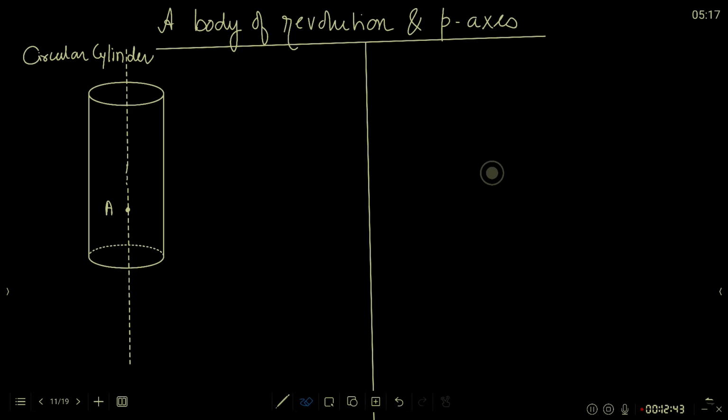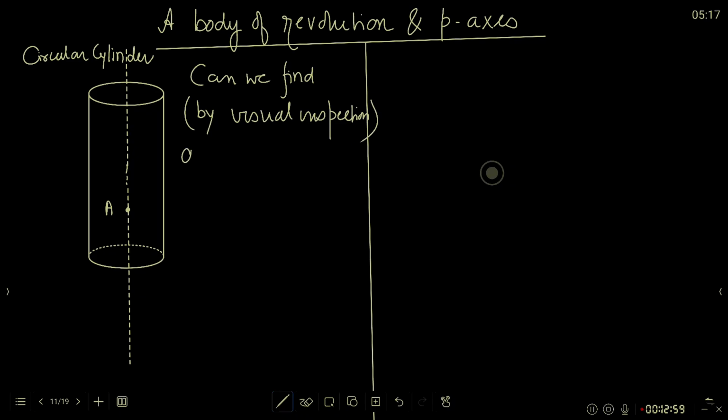My question is, can we find by visual inspection a set of three mutually perpendicular P-axes of the I_A tensor?